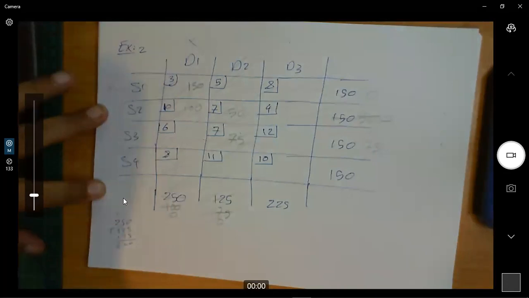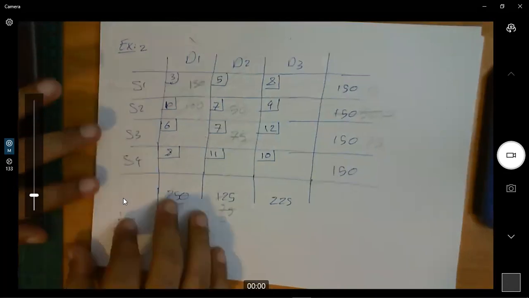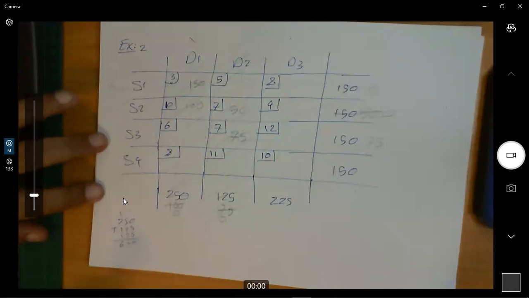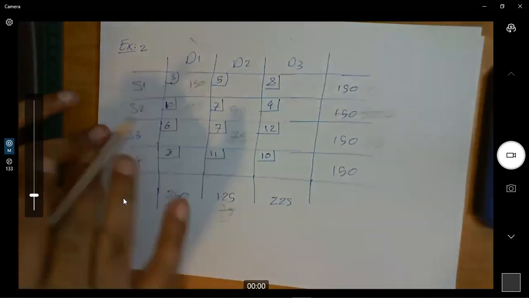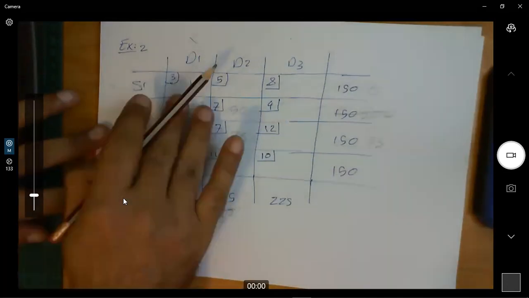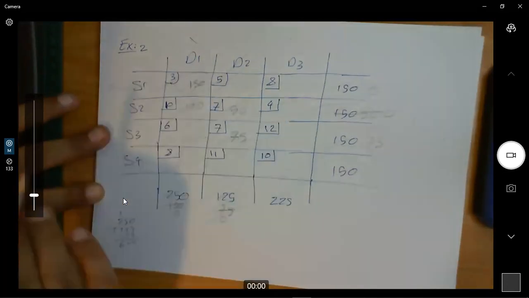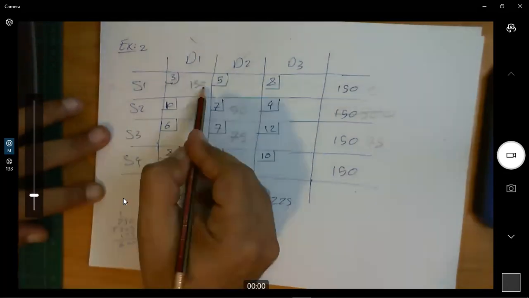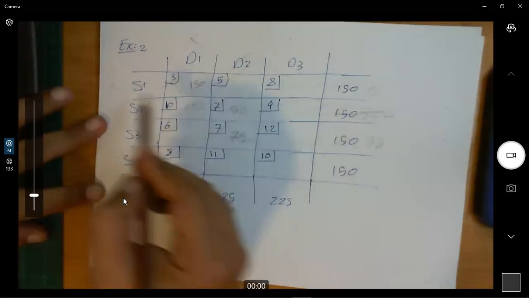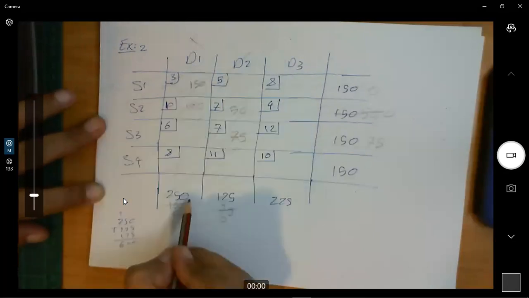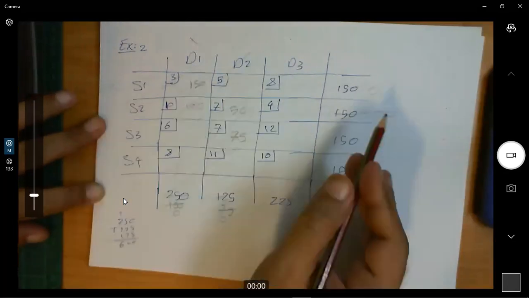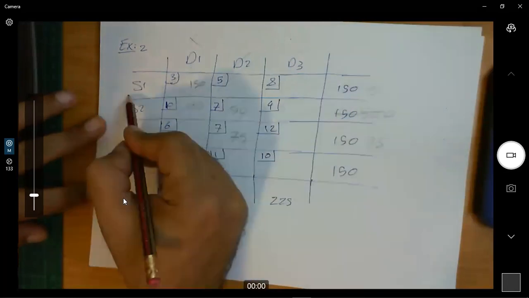Okay, let me just repeat the problem again. Here we started with the northwest. So this one with the northwest, we allocated here the maximum we can. How much can we? 150. That's the maximum this supplier can provide. The demand here is 250, but we are able to supply the maximum 150 from supplier 1.